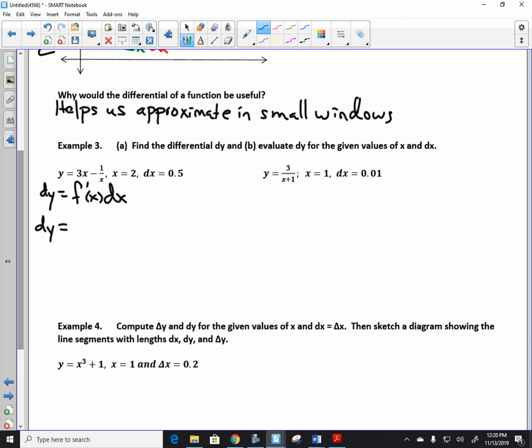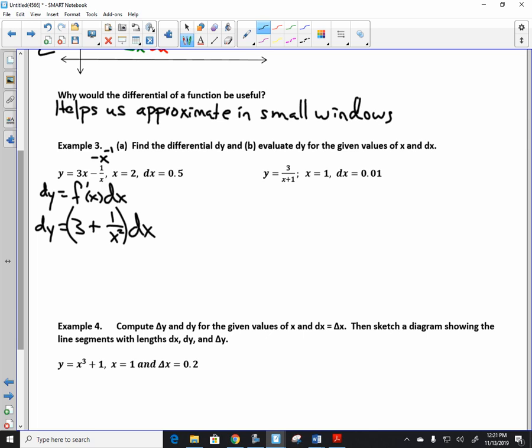Anybody? 3 plus 1 over x squared, very good, because this is minus x to the negative 1, so he dropped the negative 1 in front and reduced the exponent by 1. Everybody good with that? I'm going to take that and multiply that by dx. That's the differential.